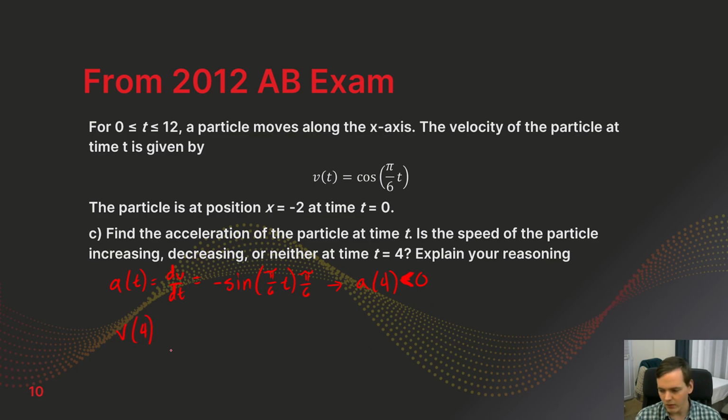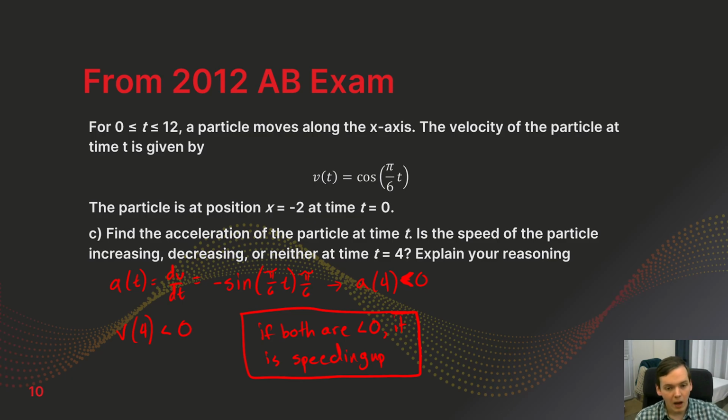V of 4, if we check that out, we know this will also be less than 0, because we saw previously it's negative from 3 to 9. If you're not sure on this, you can plug it in and double check, but since both are less than 0, because both acceleration and velocity are negative, this particle is speeding up.